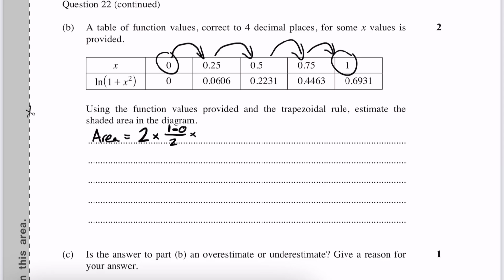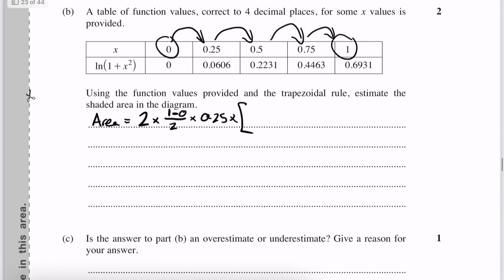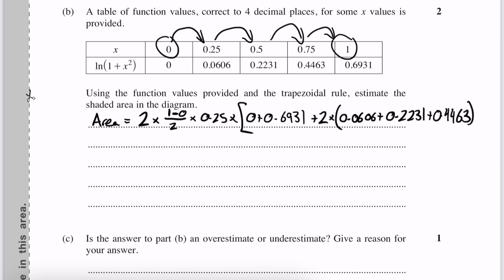And as you can see here, we are increasing by a factor of 0.25, and that's all multiplied by the y value of the first and the last term added together, which is 0 plus 0.6931, plus 2 times the rest of the terms, which is 0.0606 plus 0.2231 plus 0.4463. Okay, and so we've applied the trapezoidal rule there.